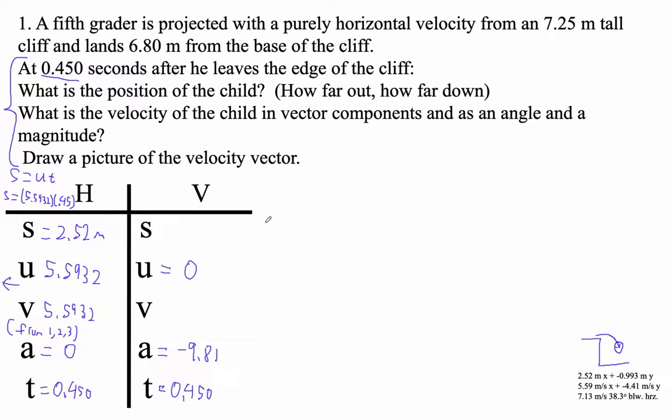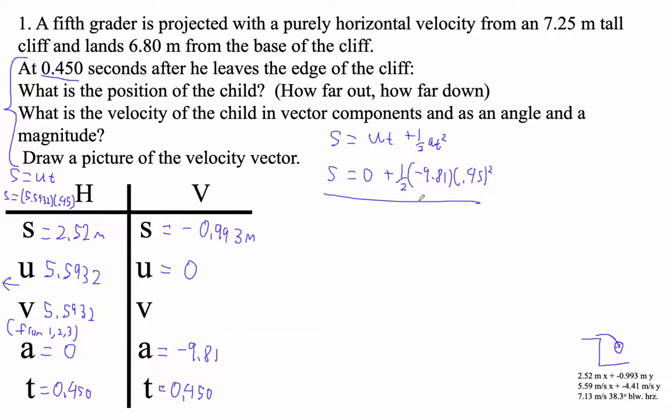And then I can find S and V. Here, I'm going to use S is UT plus 1/2 AT squared. So S is 0 plus 1/2 times negative 9.81 times 0.45 squared. So 0.5 times negative 9.81 times 0.45 squared is negative 0.993 meters.